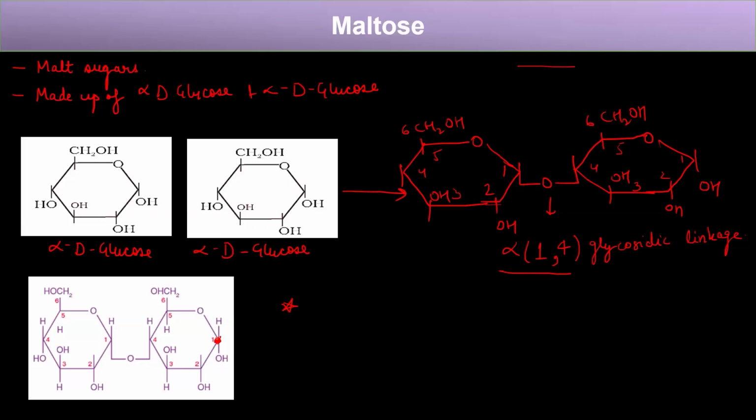So in the case of maltose, we can clearly see the carbon is free. Hence, since it has a free carbonyl carbon, it is a reducing sugar. Okay. So this is maltose, and it is also an example of alpha 1,4 glycosidic linkage, right?